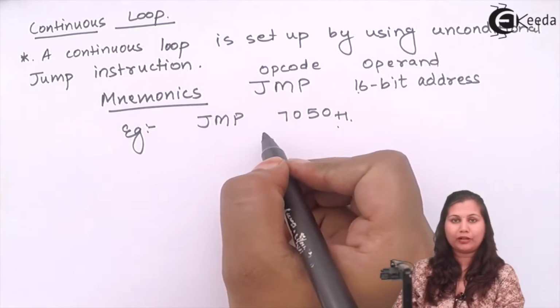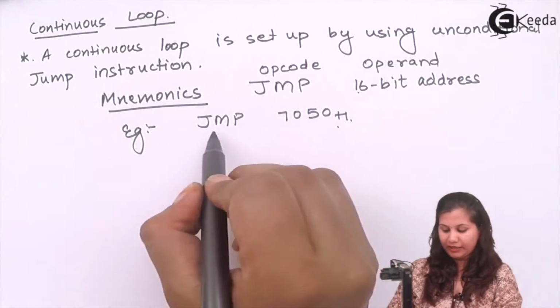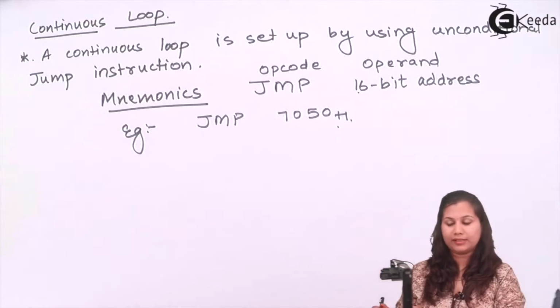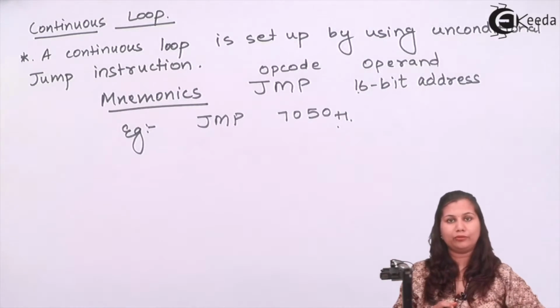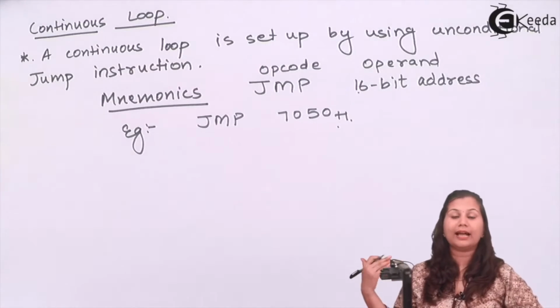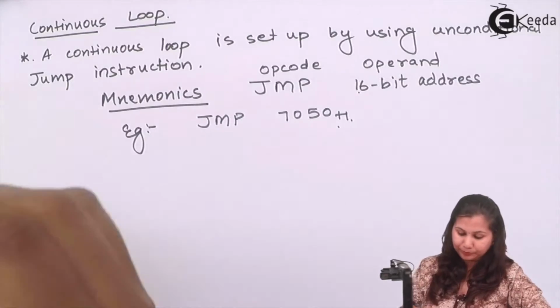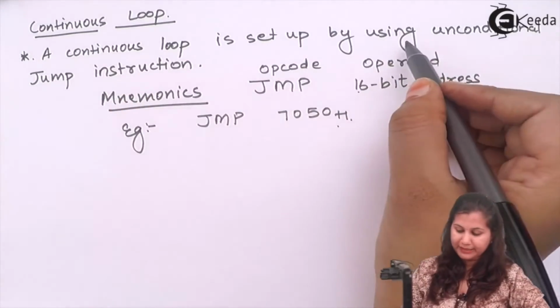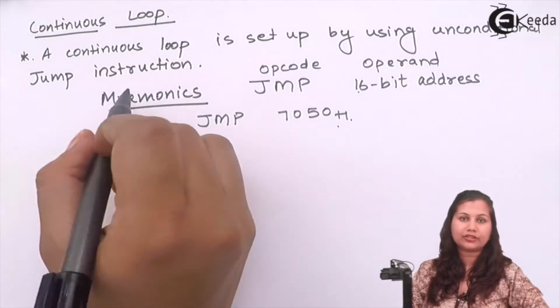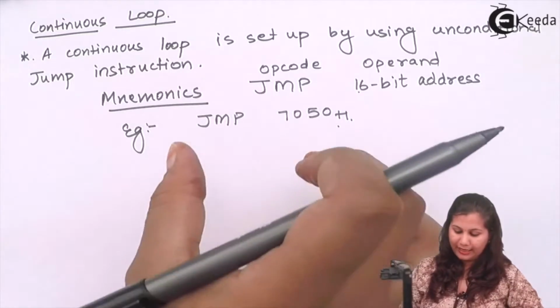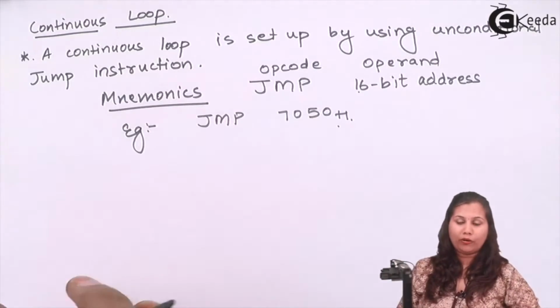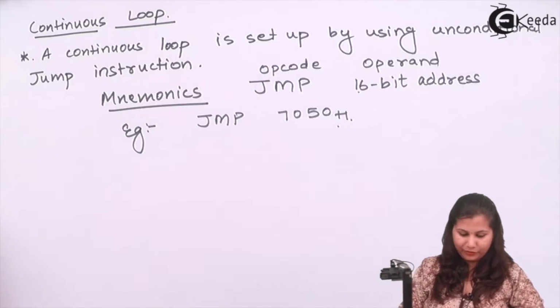So in the main program, whenever we write this jump 7050, that subroutine will be called, and then that subroutine will be executed by the microprocessor. So the continuous loop is set up by using the unconditional jump instruction, and this is the mnemonic or format for writing the jump instruction.